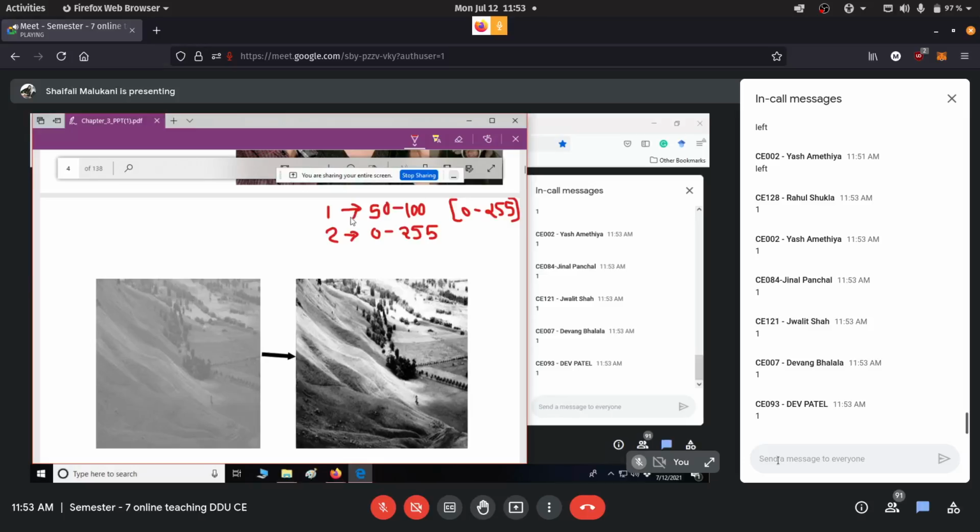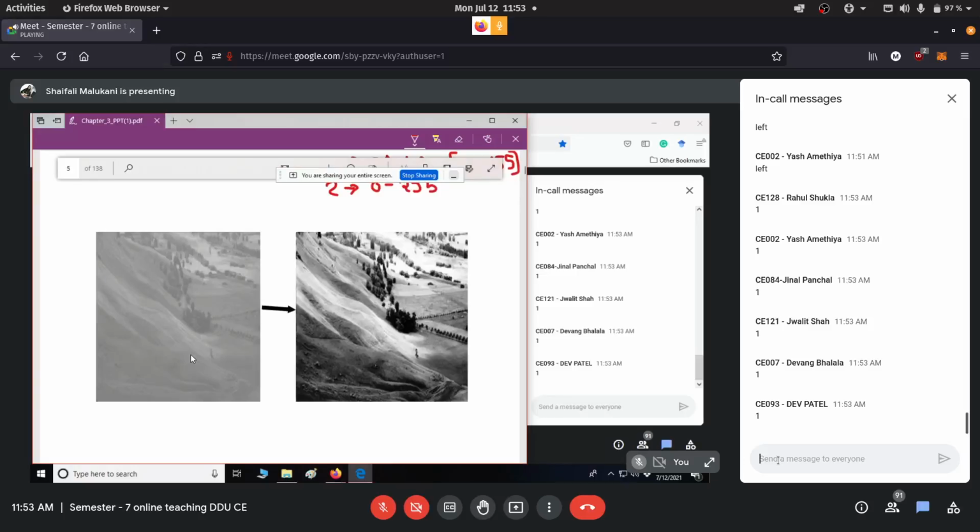Why so? By looking at it you understood, but if you observe why you are feeling it is low contrast: this black color which is almost black, I am not saying it is exactly black, is here a dark gray, and this white is here a bright gray.